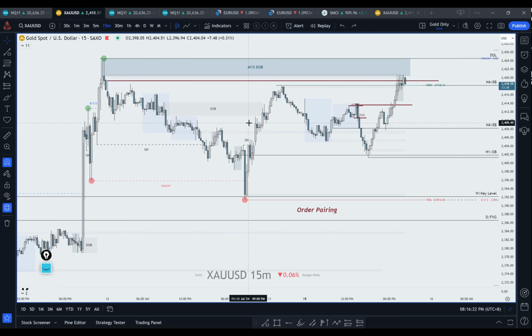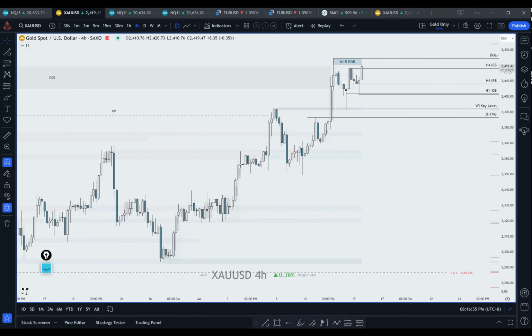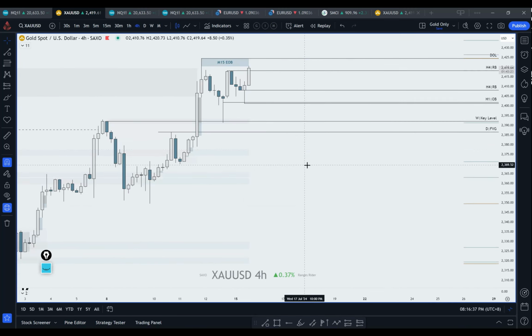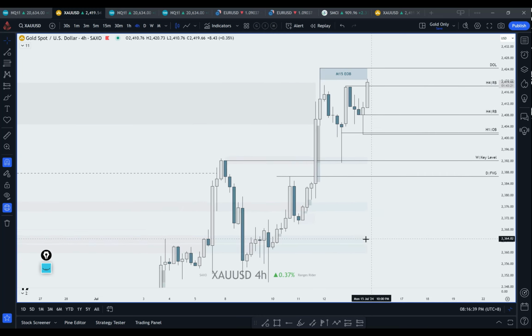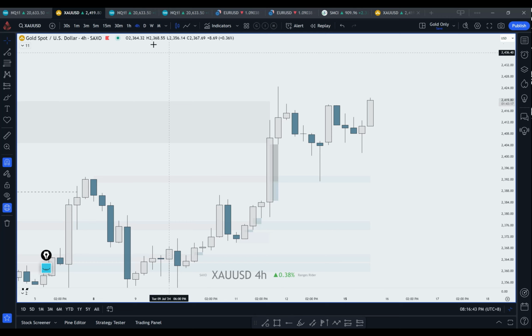There is an H4 order block over the M15 extreme order block, an H4 rejection block over the M15 extreme. Let me see. Okay, this is the H4. Let me delete everything. So the H4 rejection block, we already talked about this one. We don't have any other except this one, and this one we already drew.